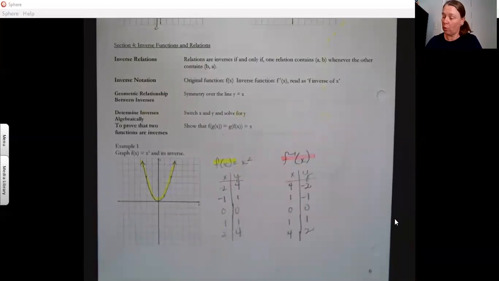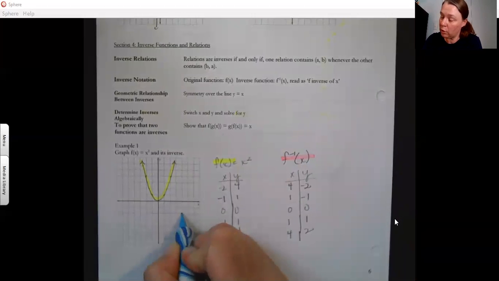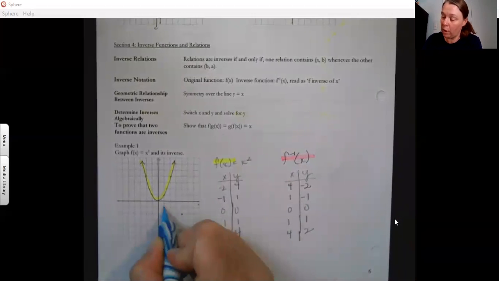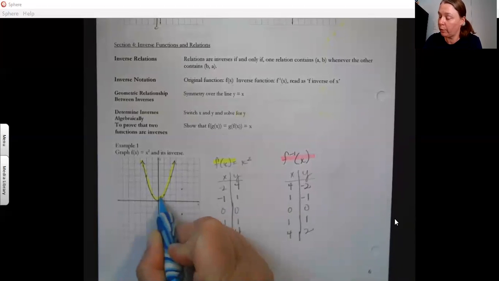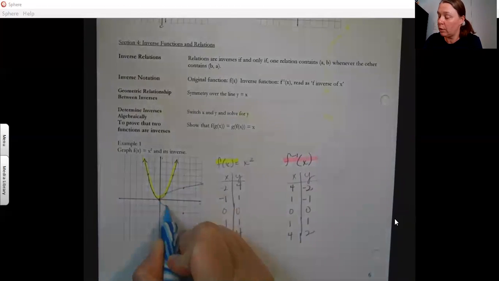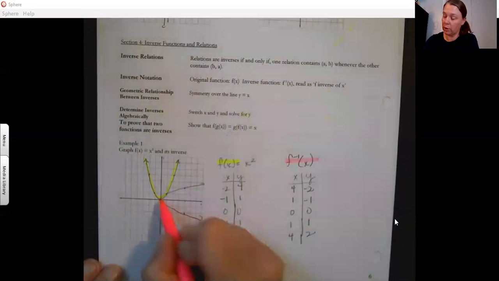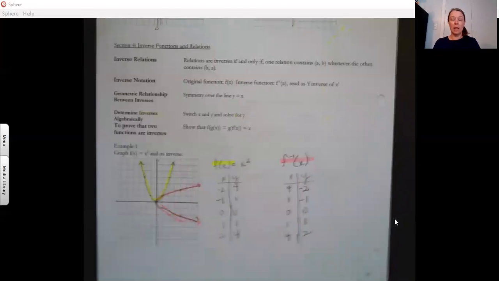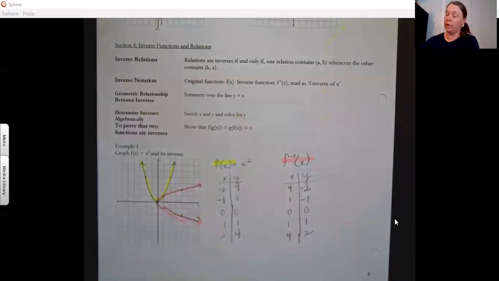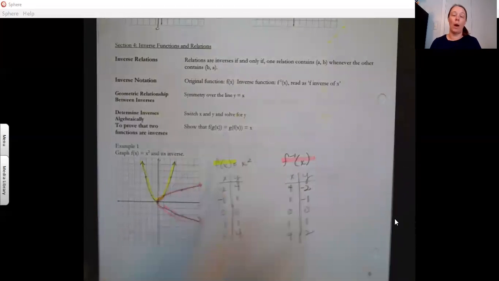So here is the graph of my inverse. Okay, so you see that idea that they are reflections of each other over the line y equals x.